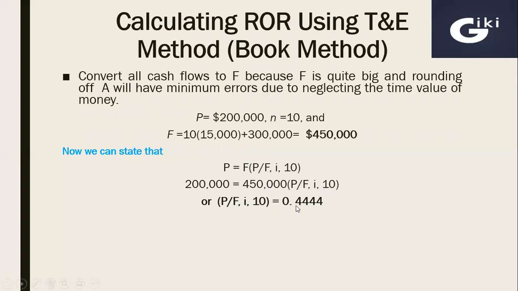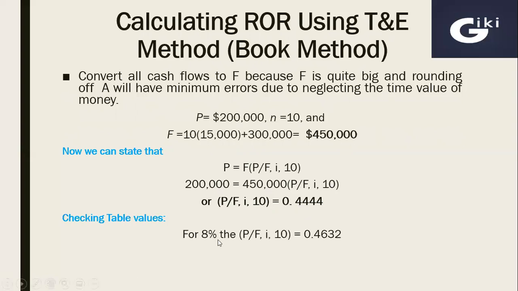So the factor value will be 0.4. Now we need to look in P over F factor for 10 years, where we can get two factor values, one that is higher than this value and the other one that is lower than this value, the two values between which this value will fall.